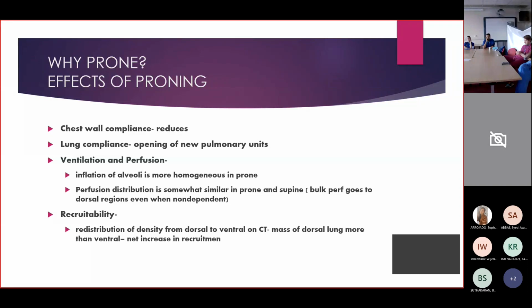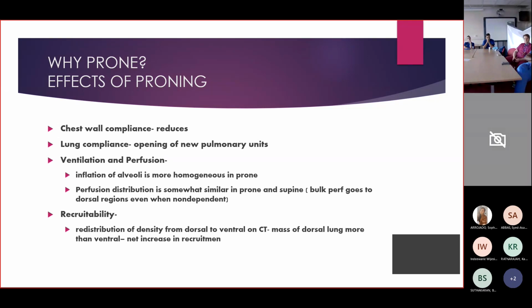When we prone the patient, the posterior chest wall, which is less compliant, is no longer applied to the back of the bed, so it should have more mobility. But the anterior chest wall is splinted by the bed. So the net effect is that the chest wall compliance reduces when you prone the patient. Overall there is a reduction in the chest wall compliance.